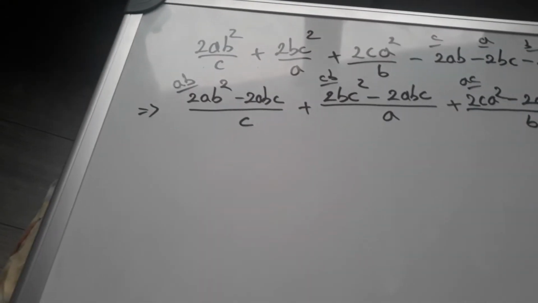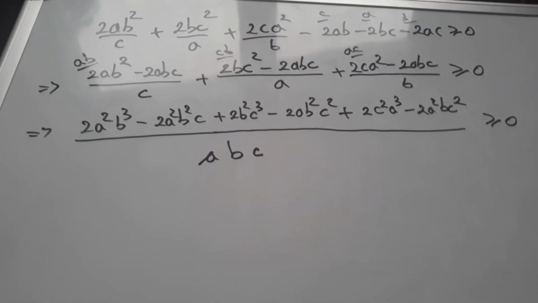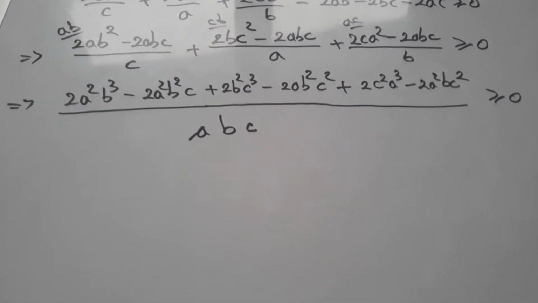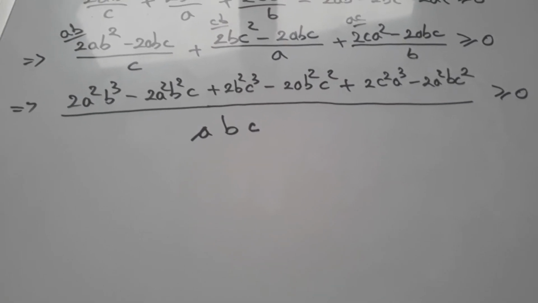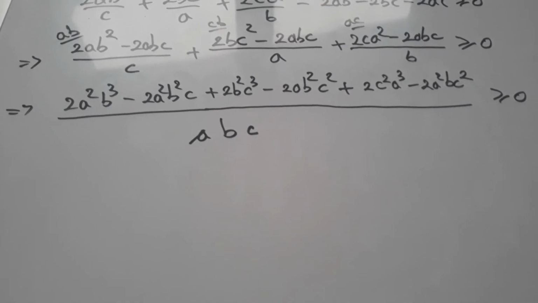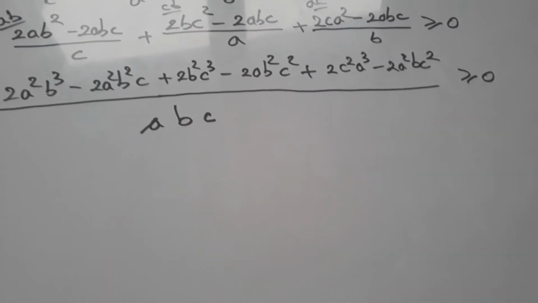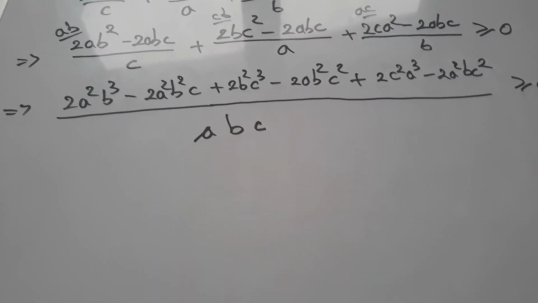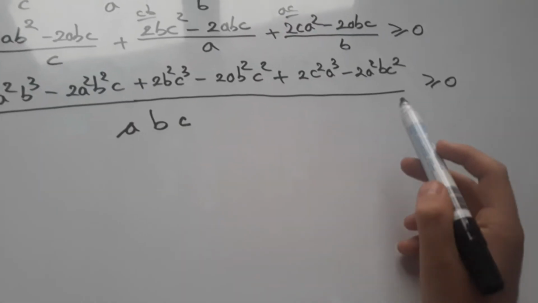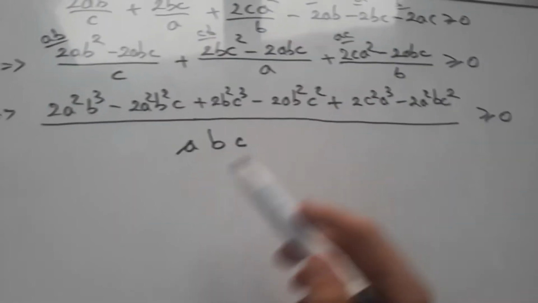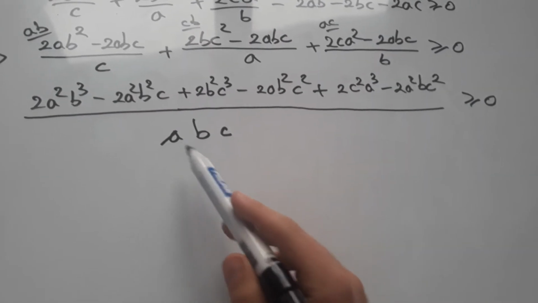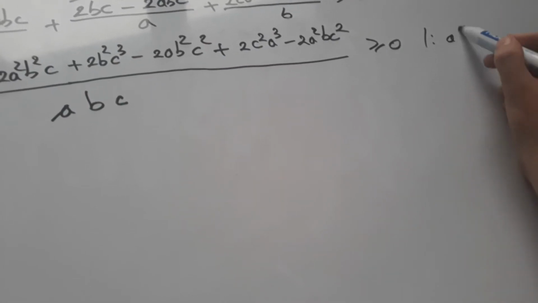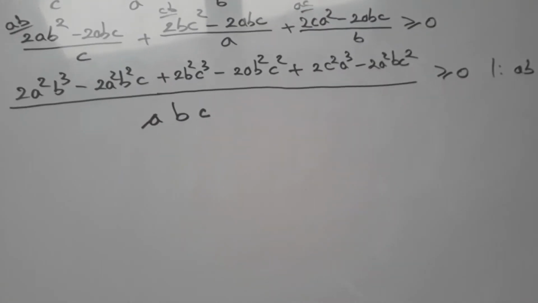So we have that 2a²b³ minus 2a²b²c plus 2b²c³ minus 2ab²c² plus 2c²a³ minus 2a²bc² all over a times b times c is greater than or equal to 0. Because this product a times b times c is positive, we can divide by it because we don't need it.